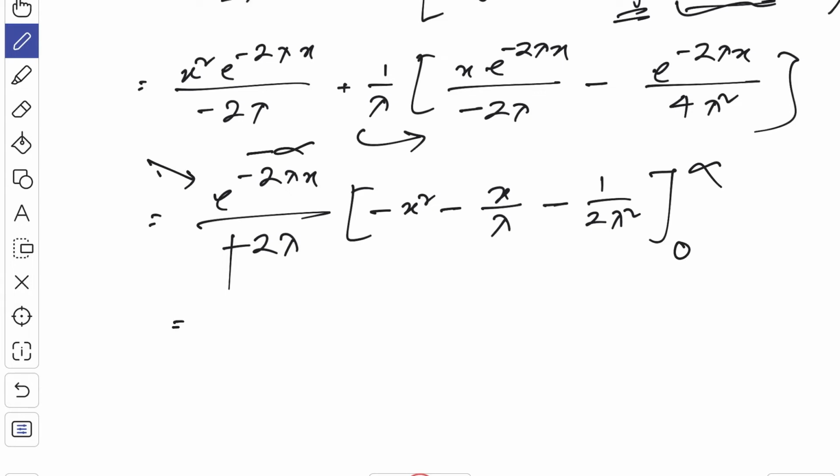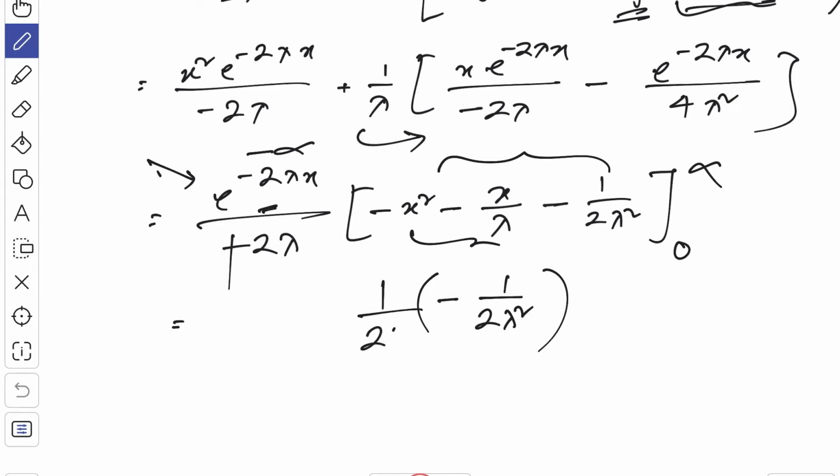Then if you put x equal to 0 here, then this part will be 0, sorry, not 0. From this part, these two terms will be 0, you will get minus 1 by 2 lambda square, and here if you put 0 you will get only 1 by 2 lambda.